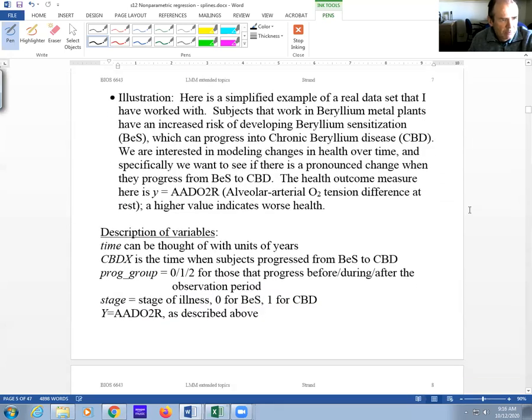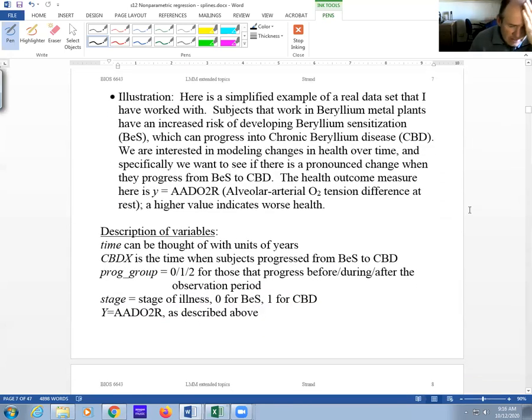So here's an example with real data, and I was kind of alluding to this data. We've done a lot of work at National Jewish with people that have worked in beryllium metal plants.